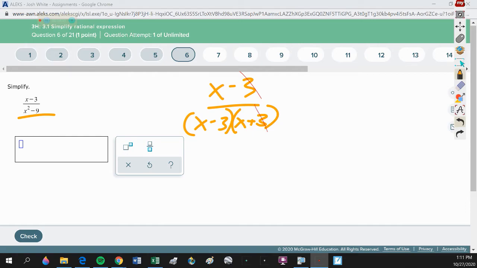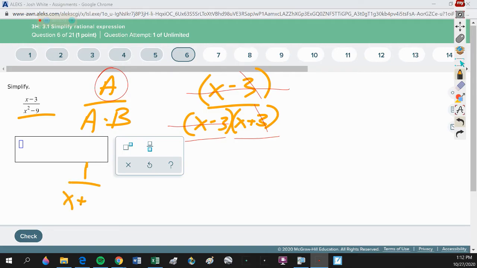You have to count those in factors. So what we basically have is A over A times B. Right? You can't cancel part of A. It has to come as a group. Okay? So if the bottom is made up of multiplication, you cannot cancel a partial factor with something over here, but notice that x minus 3 and x minus 3 match, and we get 1 over x plus 3.